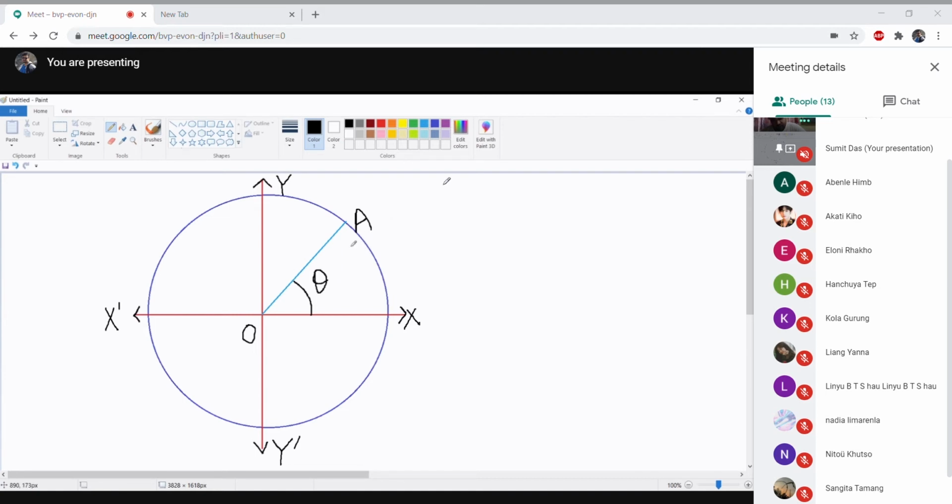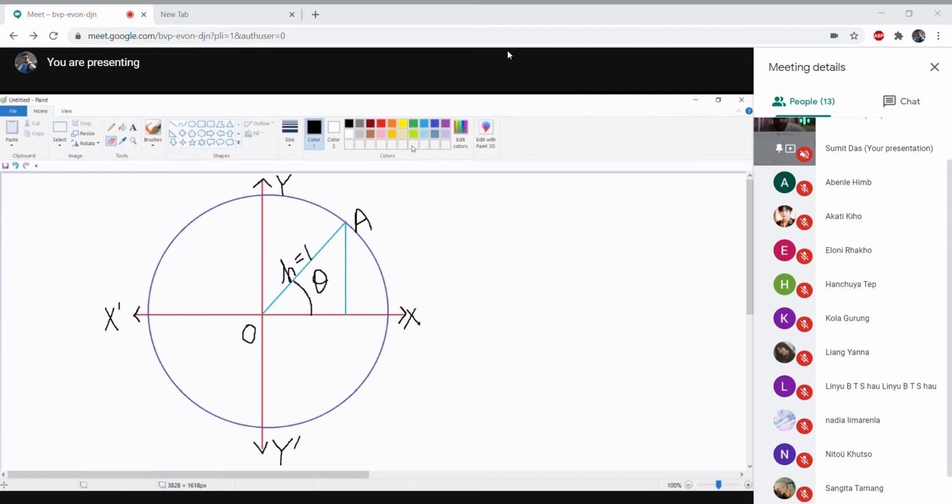Okay, so if I draw a right angle triangle here, the hypotenuse H is equal to 1 unit, right? This is what we already learned.